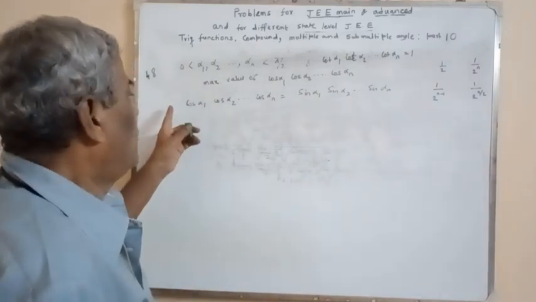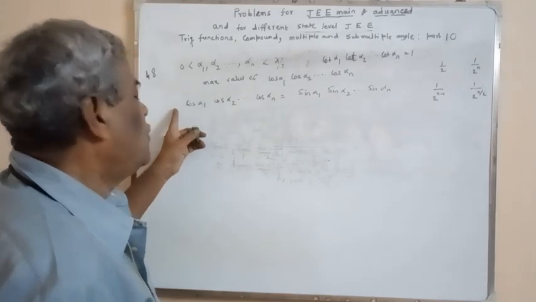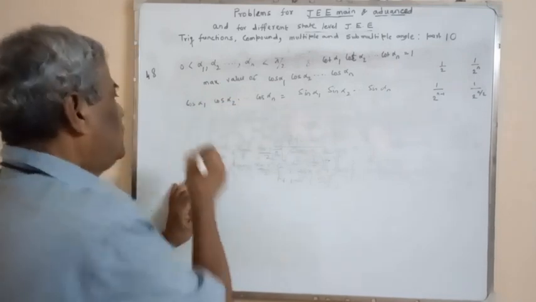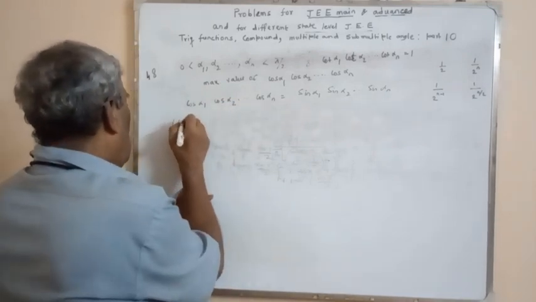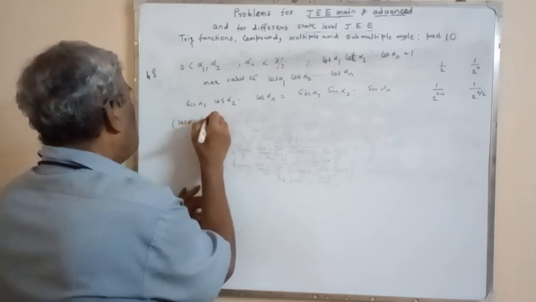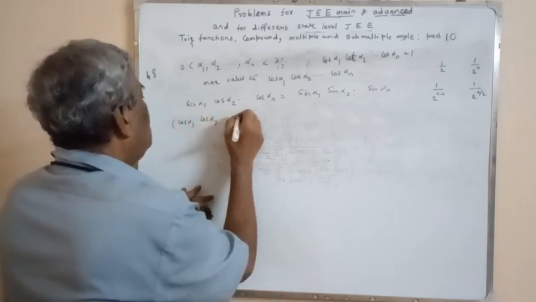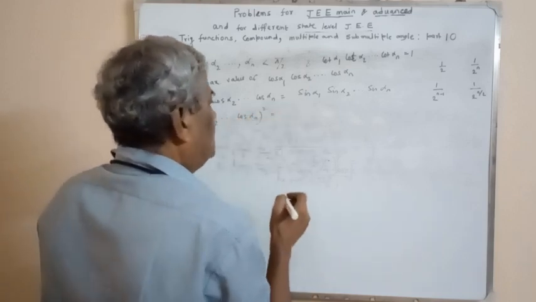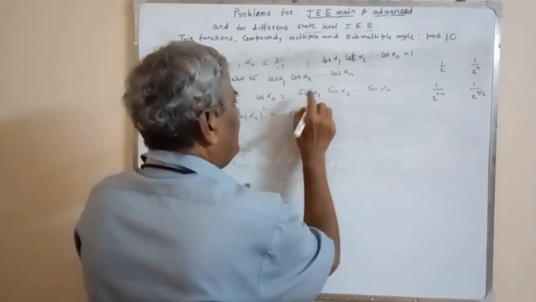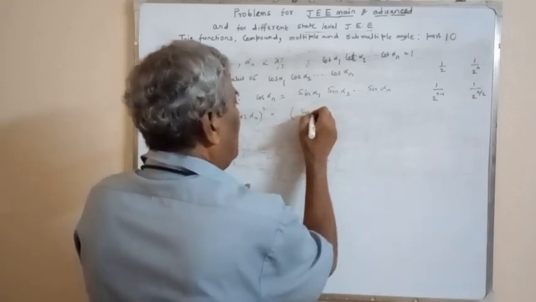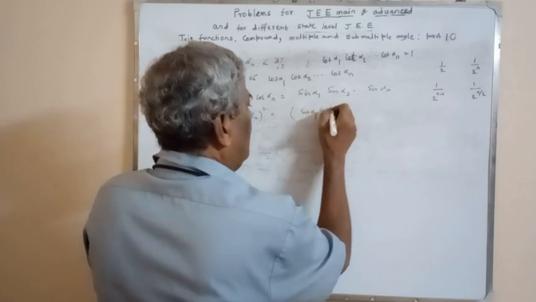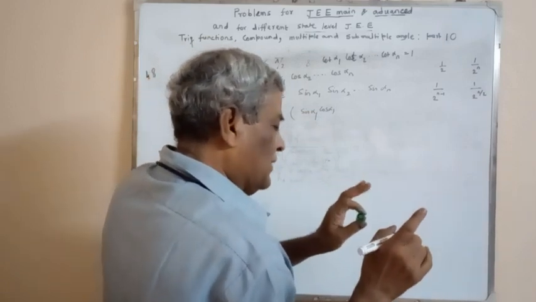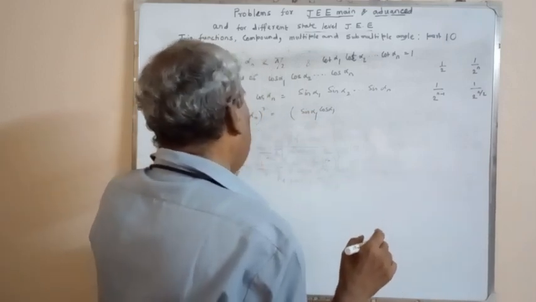Now this you multiply throughout by cos alpha 1, cos alpha 2 up to cos alpha n. So that this is equal to (cos alpha 1 into cos alpha 2 up to cos alpha n) whole square is equal to sine alpha 1 into cos alpha 1, I multiply this on both sides.